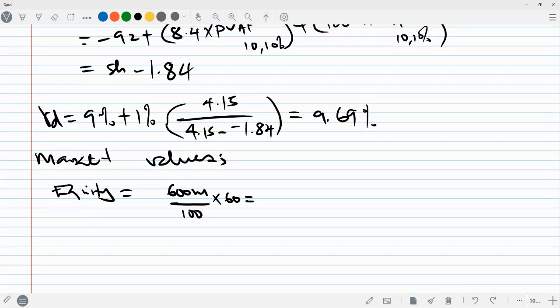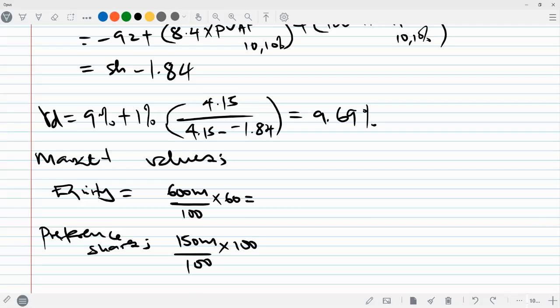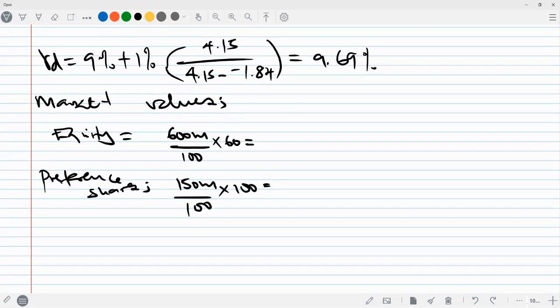Then you get the market value of preference shares, which is the nominal value of preference shares, 150 million, divided by the nominal value per share, 100, multiplied by the market value per preference share, which is 100. Then the market value of debt: the nominal value of the debt, as per the capital structure, is 250 million, divided by the par value per debenture, 100, multiplied by the market value, which is 92.